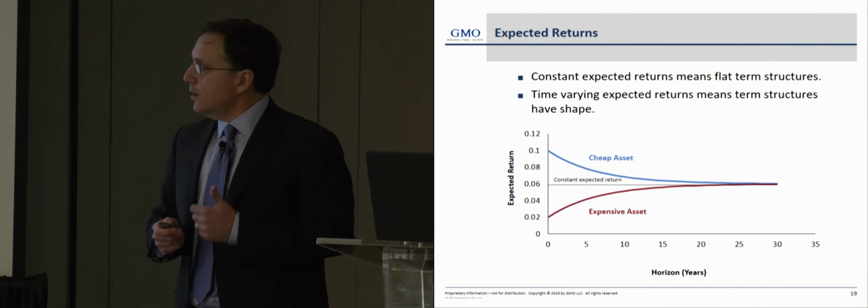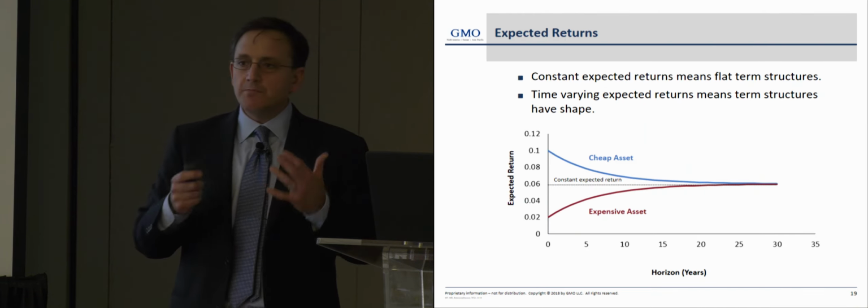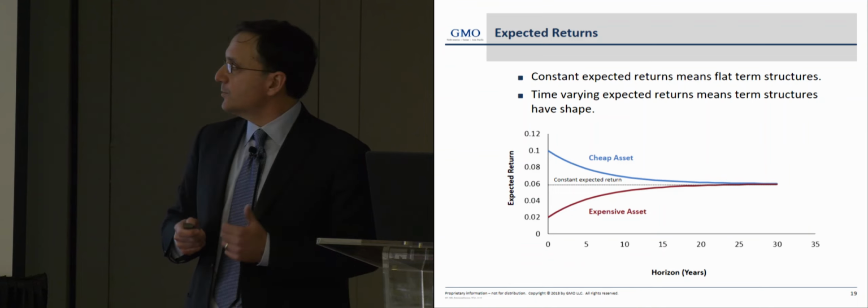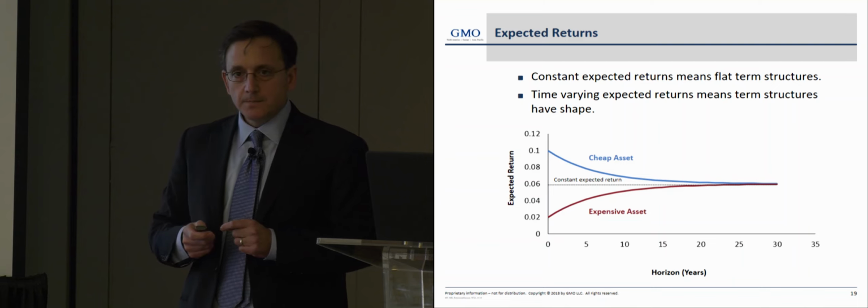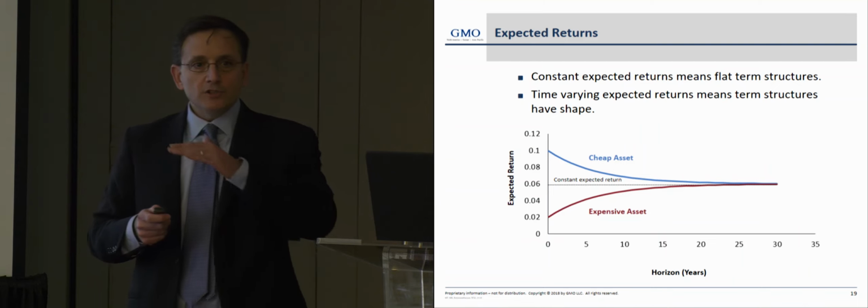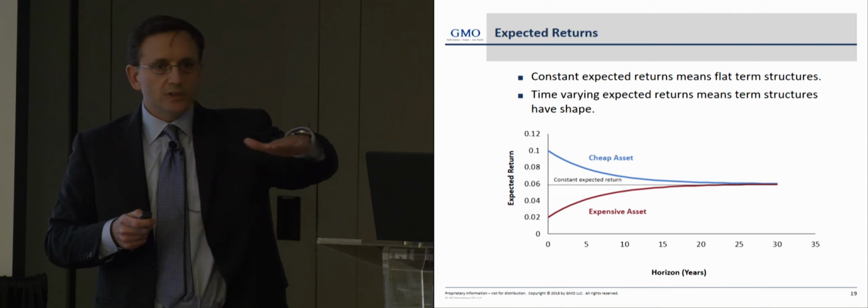So to start, we're just going to look at what it means to have a term structure of expected returns. Now, if expected returns are constant, then the term structure of expected returns is just flat.